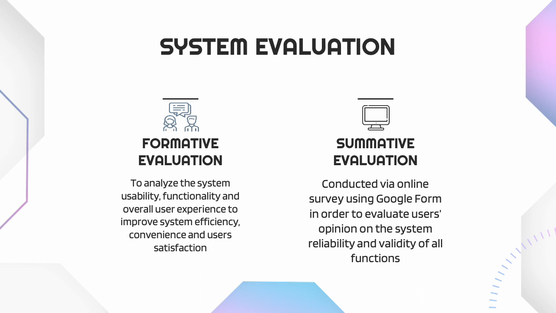In brief, a formative evaluation enables us to analyze the usability, functionality, overall user experience, etc. The objective of formative evaluation is to ensure that the user is satisfied with the system that we make.